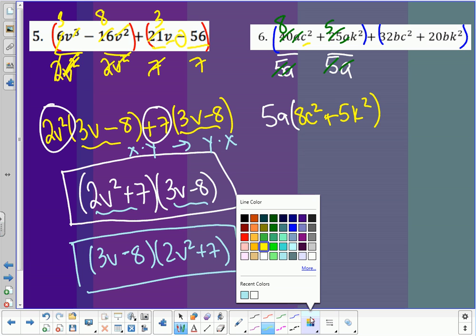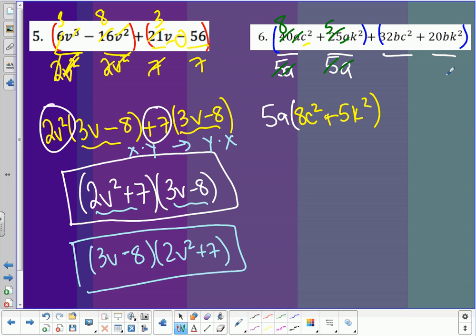32bc squared and 20bk squared. So the only thing I can take out of those, 32 and 20 have common factors of 4. So I can divide out a 4. And then the bc squared and bk squared, I can divide out the b. That's my GCF there. So the GCF there is 4b. And then 32 divided by 4 is 8. The b over b goes away.